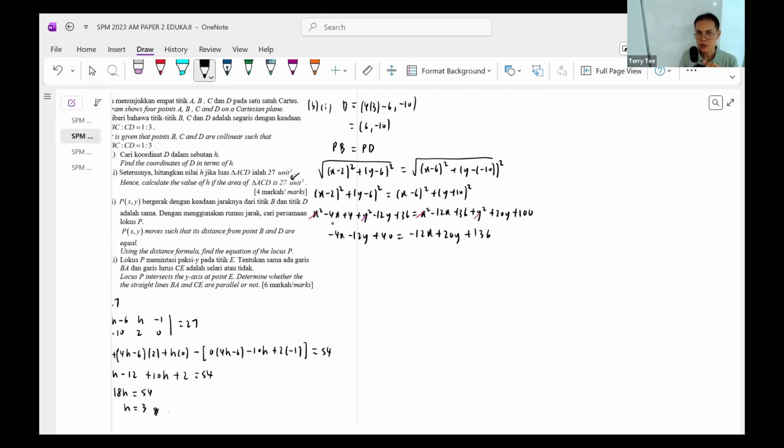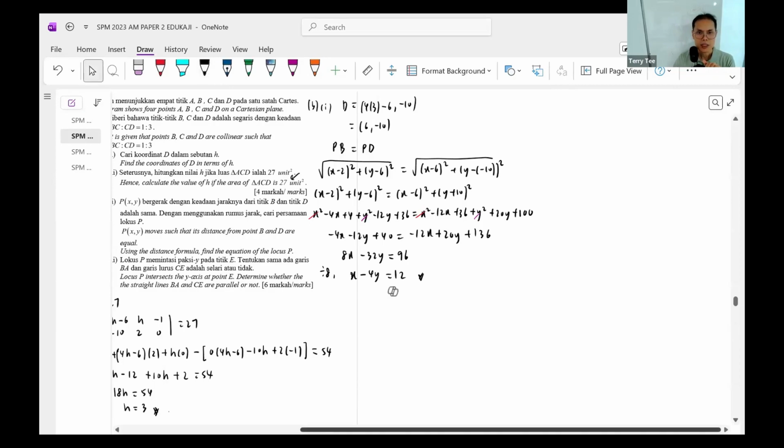I bring the 12x to the left. 12 minus 4 is 8. Minus 12 minus 20 is minus 32y. And 136 minus 40 is 96. Can you divide by 8? You get x minus 4y equals 12. There you go. That's your equation of locus.